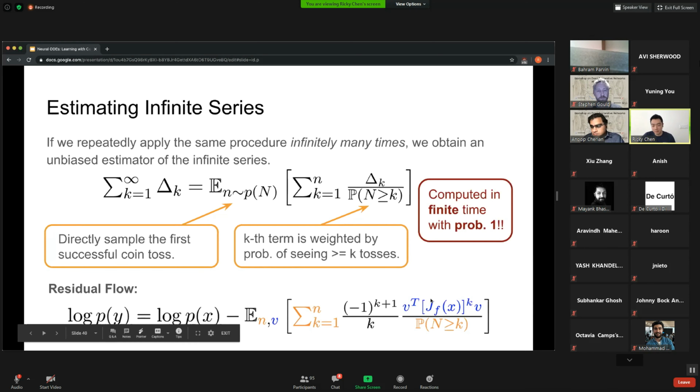So that means this Jacobian, or the trace of the Jacobian, is always less than 1. So the spectral radius is actually very, very small for this infinite series, and that means we don't actually need to see too many terms with large n's. The stochastic estimator's variance depends on the convergence rate of the infinite series itself, so the variance is actually quite small, or manageable at least.